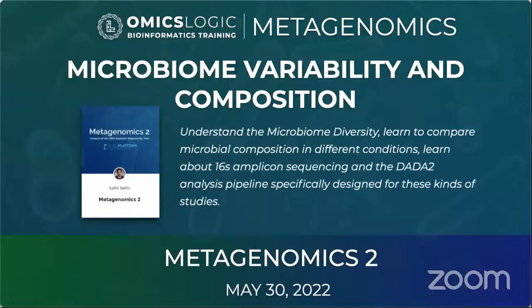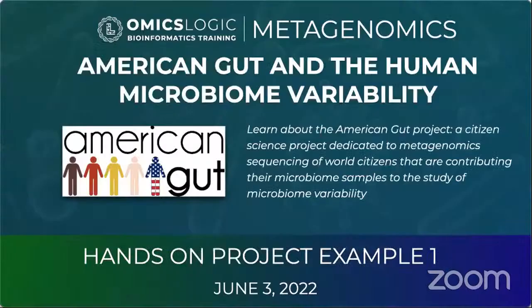We will also discuss a couple of data sets from the human gut project, and data from acne, and how to understand the data distribution of acne data from the NCBI BioProject. What follows is a hands-on project example on the American Gut and human microbiome variability.